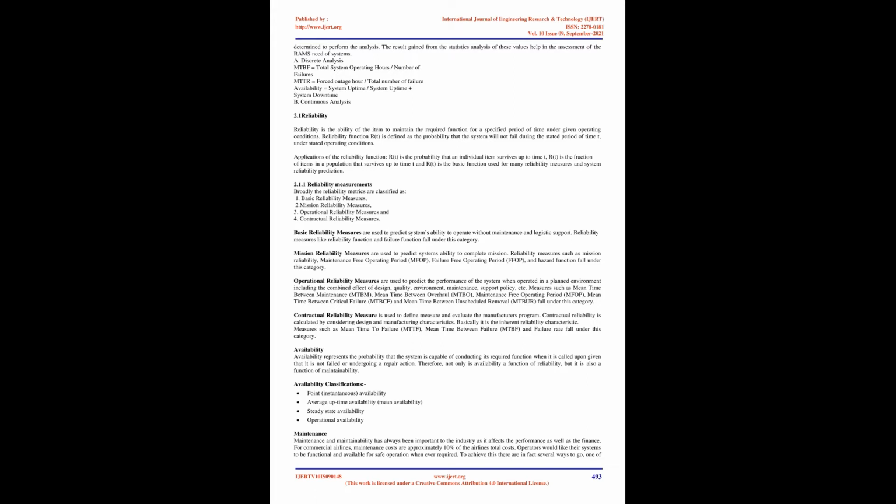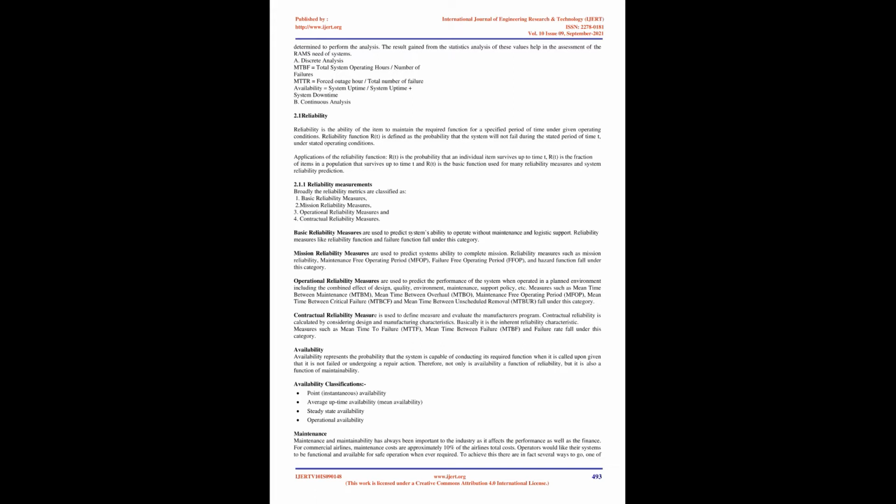Certain key performance parameters such as mean time to failure, MTTF, mean time between failure, MTBF, mean downtime, MDT, mean time to repair, MTTR, and availability, A, values can be determined to perform the analysis. The result gained from the statistical analysis of these values helps in the assessment of the RAM needs of systems.